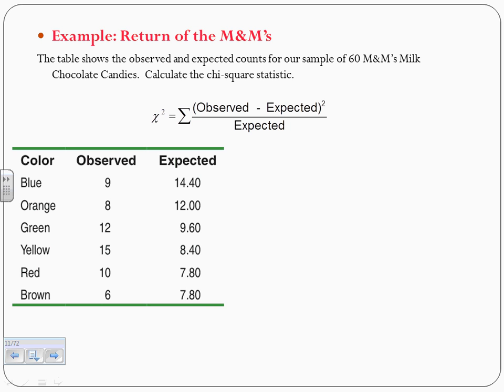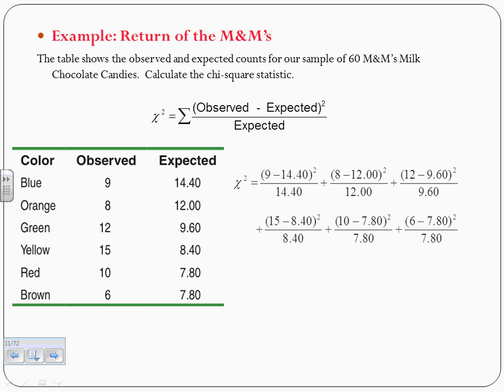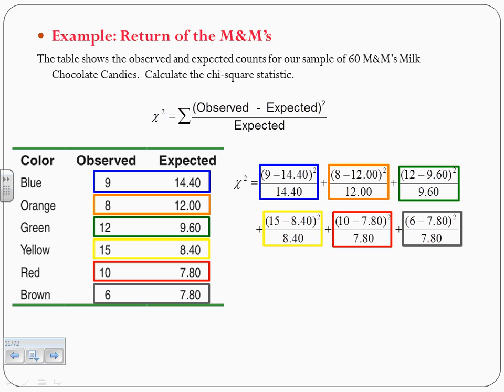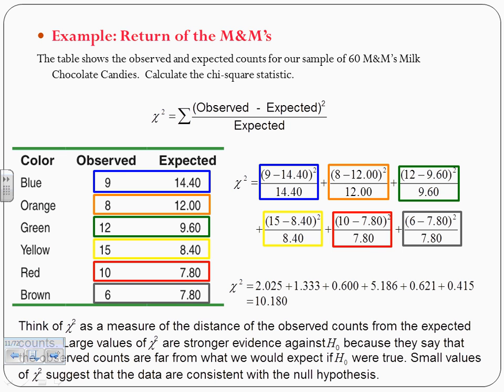So here on this table, if I wanted to find the chi-squared statistic, I'm going to take my observed minus my expected, square each of those and add them up. So I got my chi-squared statistic to be 10.180, approximately. So think of the chi-squared as a measure of the distance of the observed counts from the expected counts.